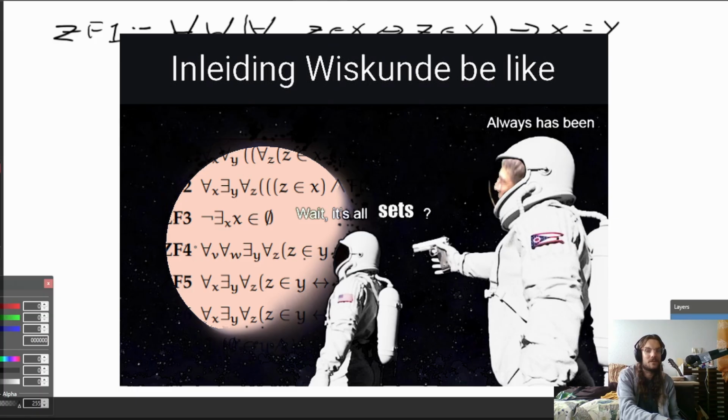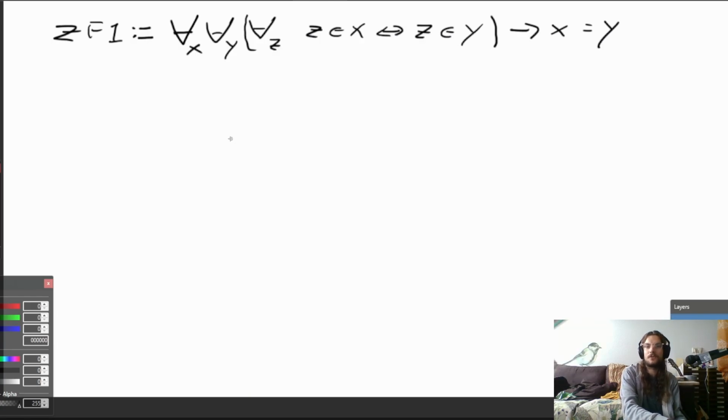So since the early 20th century, it has been sets all the way down. But before that, it was actually circles and lines. So you could say that before the logical revolution, in the 1800s and 1900s, there was a lot of rearranging in mathematics. But before that, there were only 5 axioms, and they were Euclid's 5 axioms.